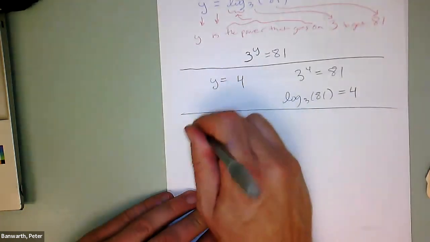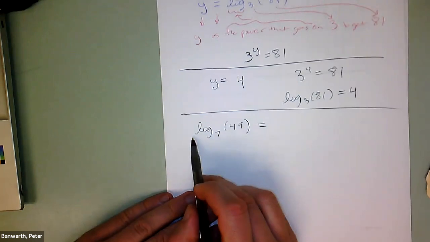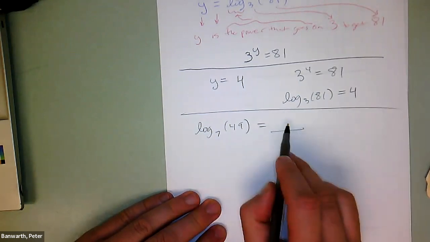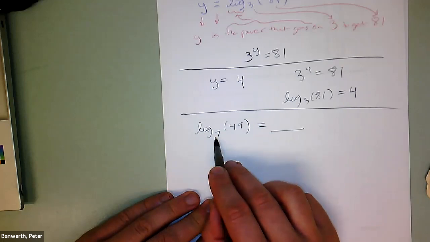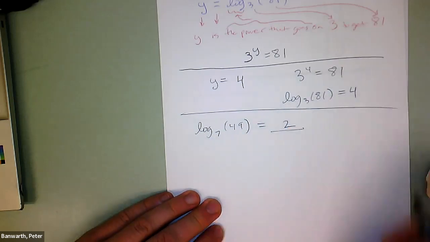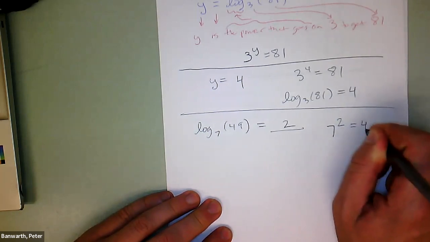Let's practice these a little more. Log base 7 of 49: this blank space is the power that goes on 7 to get 49, and that power is 2, because 7 squared equals 49.